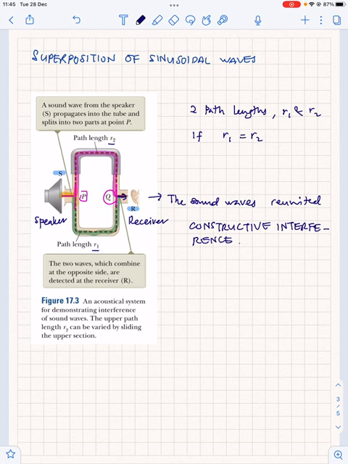And so the listener can hear a loud sound. So this is about the acoustical system for demonstrating interference of sound waves.